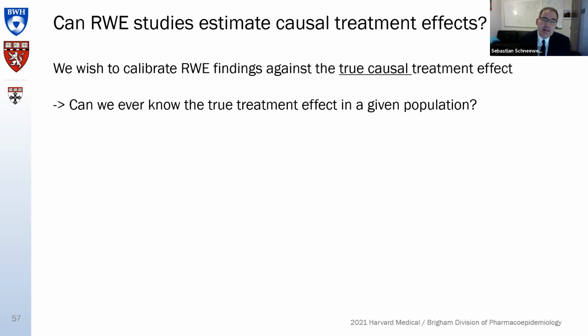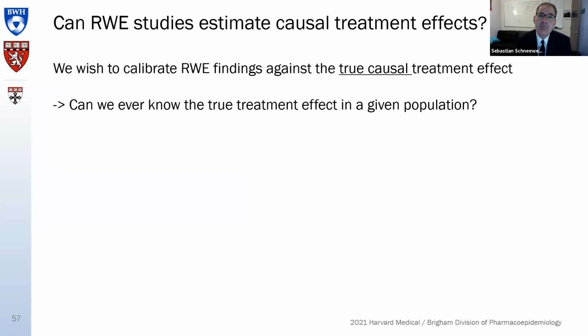The key question that we have been asking ourselves all afternoon already: can real-world evidence studies ever estimate causal treatment effects? And when we do associative studies, whether we are explicit about this or implicit, we are talking about treatment effects, and we draw conclusions thereof.